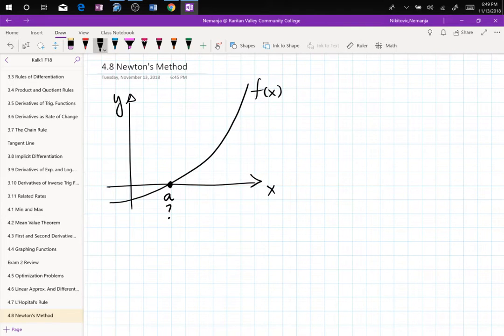Now you will pick a random nearby point, and you will find the tangent line at that point. Observe that the tangent line cuts the x-axis.